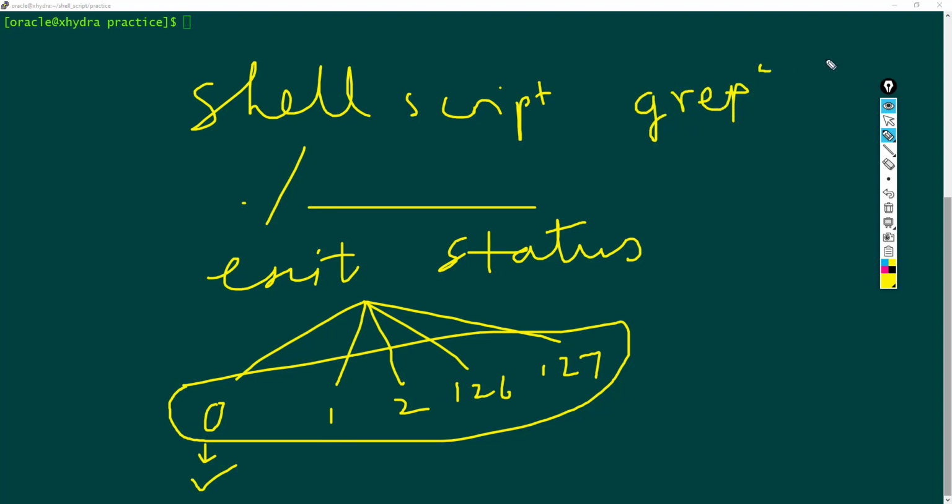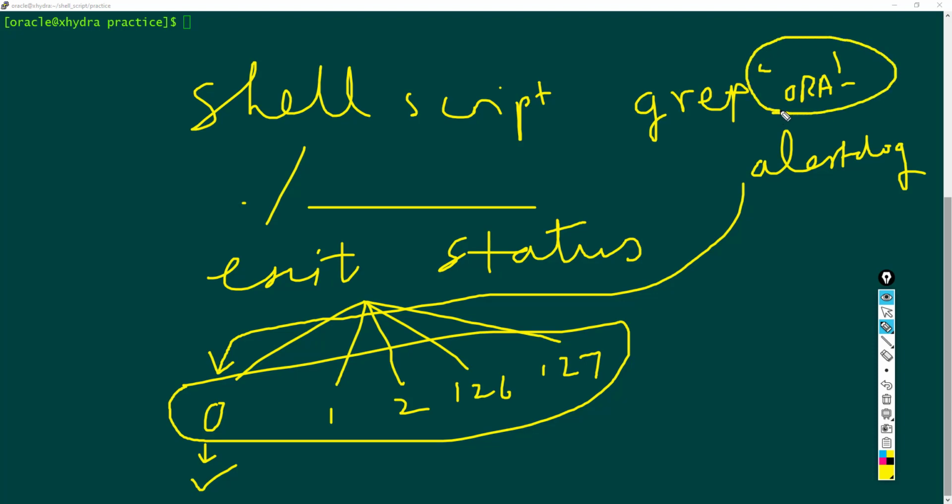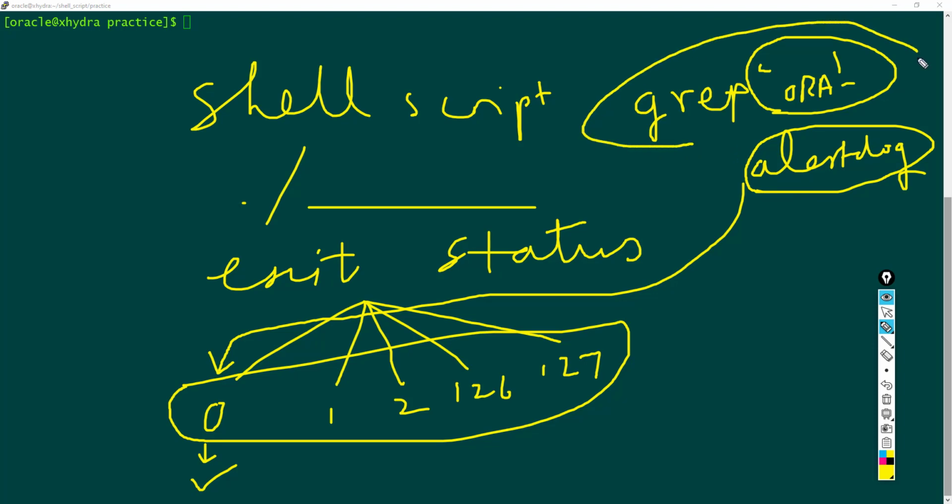If you find a pattern like aura from the alert log, then this becomes exit status 0, which means we have found this pattern from the alert log file, and this grep command has executed successfully. So if both the conditions are satisfied, then exit status becomes 0.